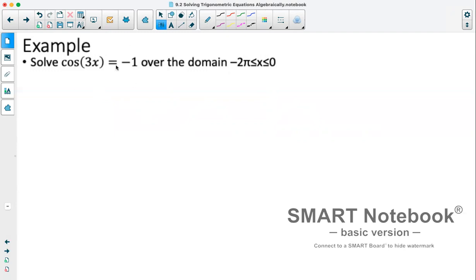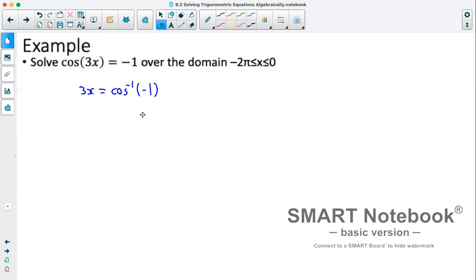Now this one we don't have to rearrange at all, because essentially we have our cosine function on its own. We have it equals -1. So what we actually want to do is solve for what our 3x equals. So if we rearrange that, 3x equals cos inverse of -1.